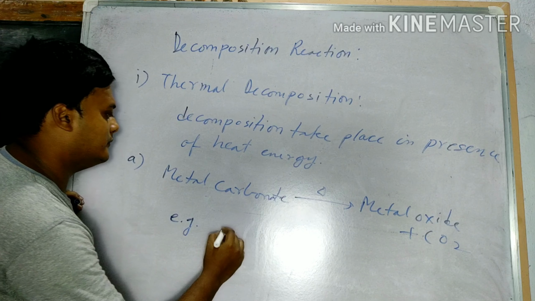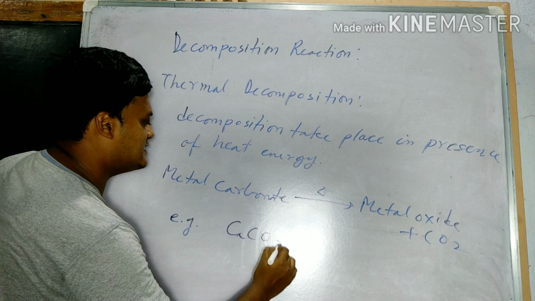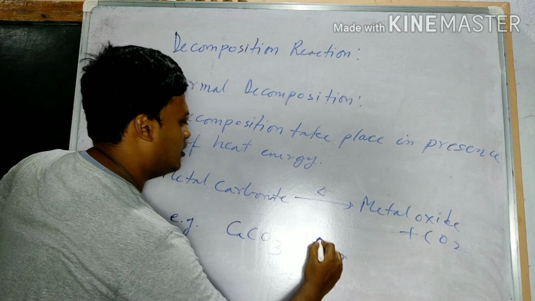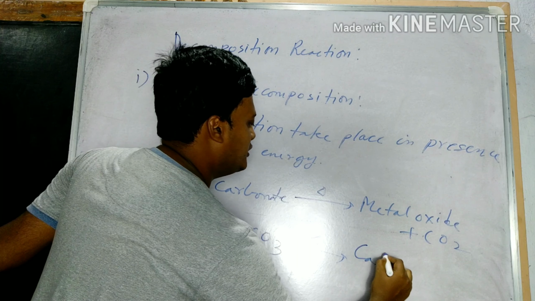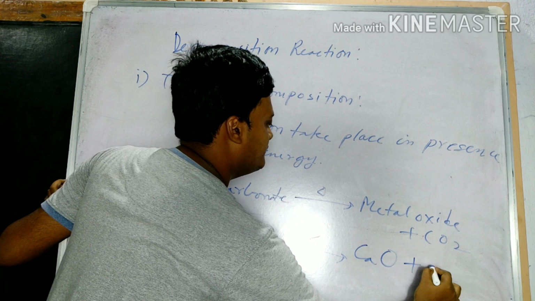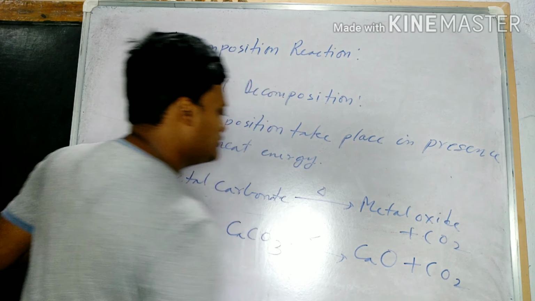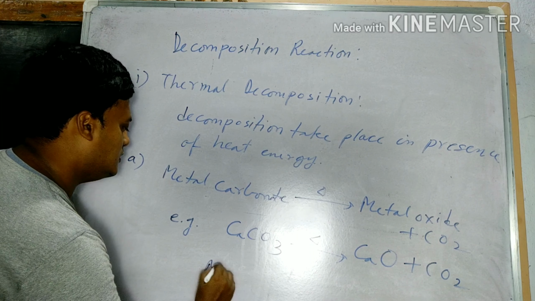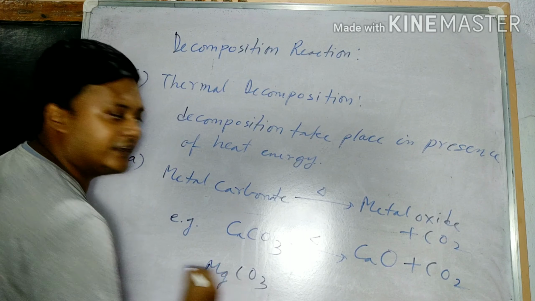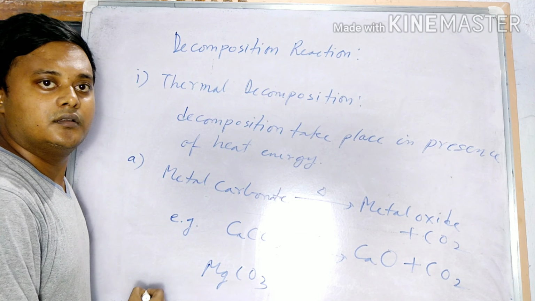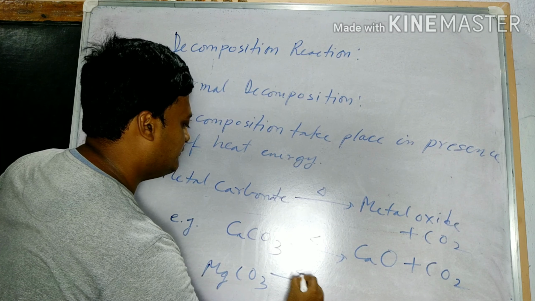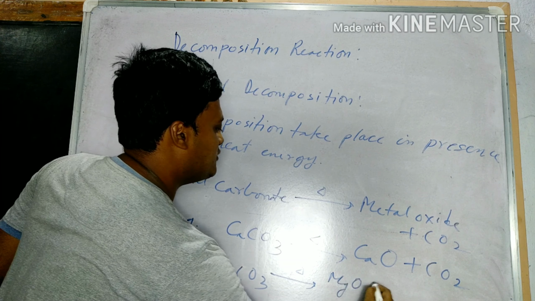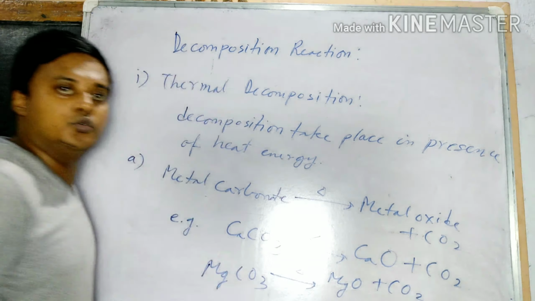Example, CaCO3 on decomposition produces calcium oxide plus CO2. Magnesium carbonate on decomposition produces magnesium oxide plus CO2.